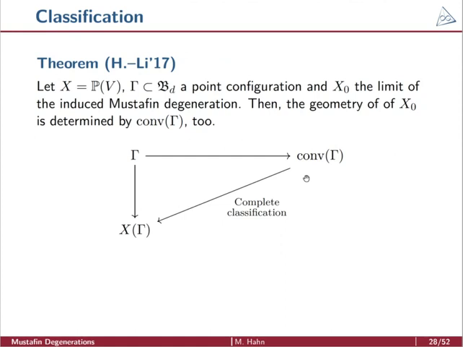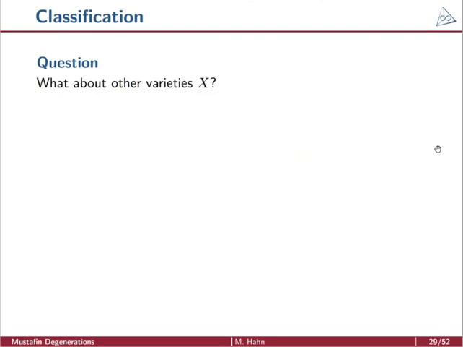And this allows us to explicitly construct the limit directly from this convex hull, convex of gamma. And actually, our work also enables a linear algebra algorithm to compute the limits of these Mustafin degenerations. Okay, so now we have a complete understanding. So since 2007, we have a complete understanding of the Mustafin degenerations of projective spaces in the literature.